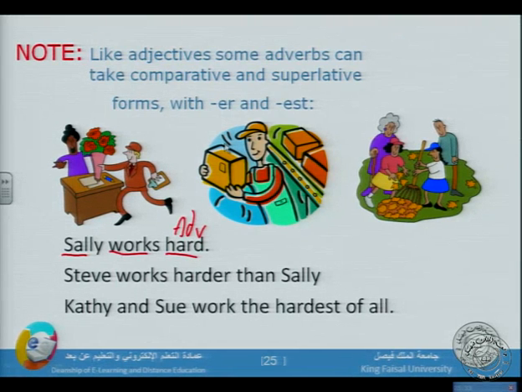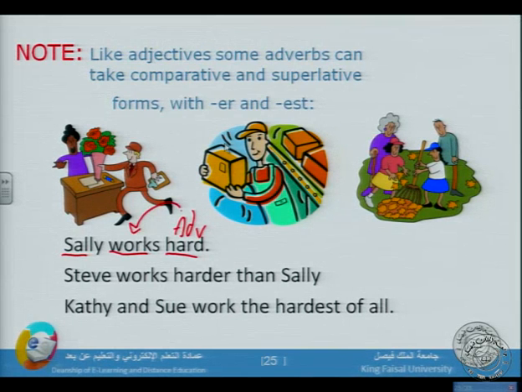Hard. Steve works harder than Sally. الآن كيف ميزنا hard بأنها صفة أو ظرف قبل ما نبدأ في الجملة الثانية؟ الصفات حكينا describes noun، تصف الأسماء، بينما الظروف describes verbs. فhard describe whom? Sally or works.